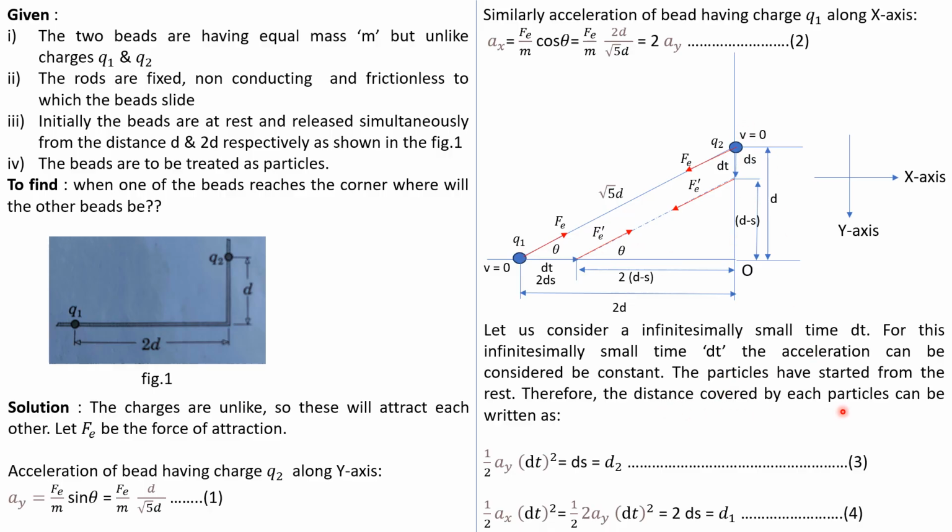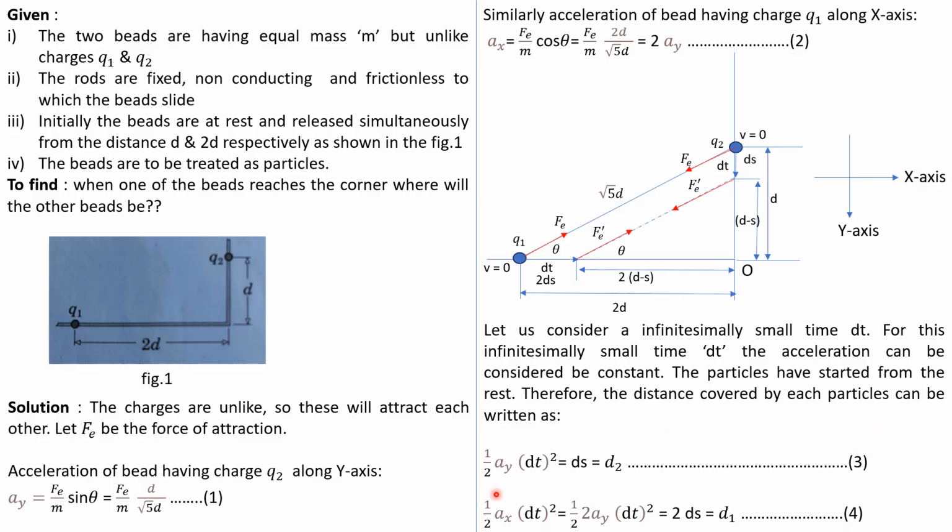Therefore, the distance covered by each particle can be written as, for this particle, half into ay into dt square, and we call it ds. And also we call it d2, 2 stands for particle 2. So we get equation number 3.